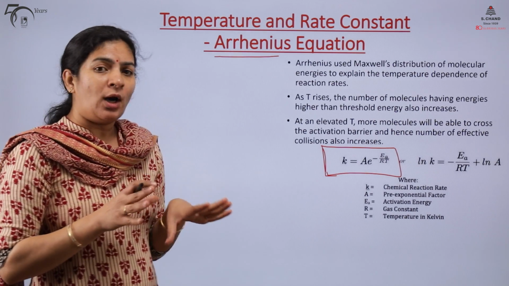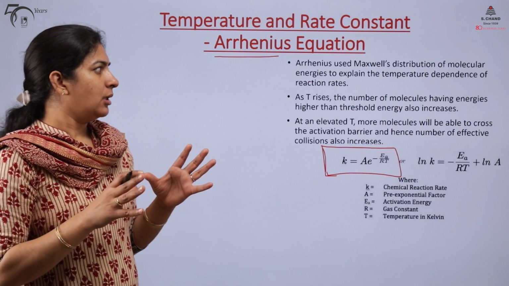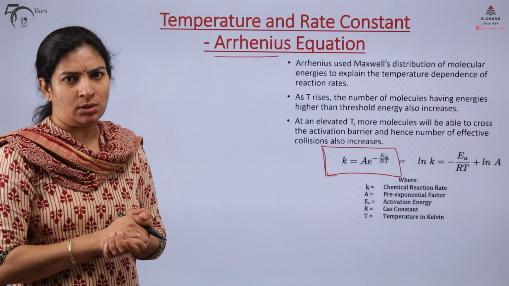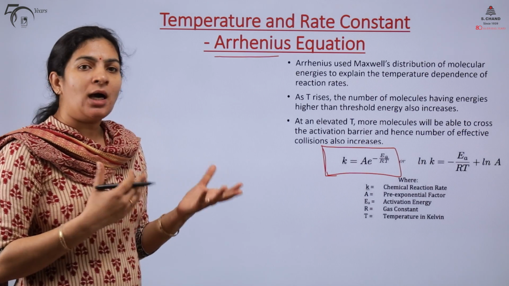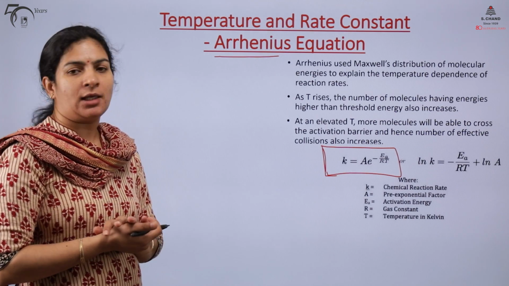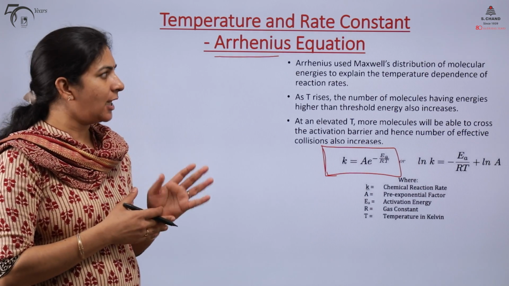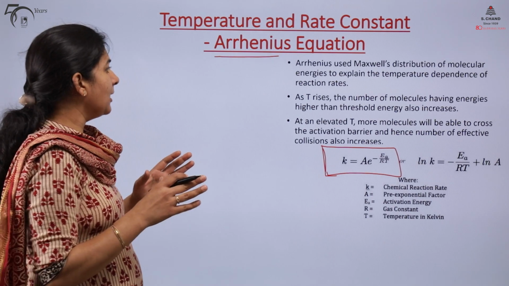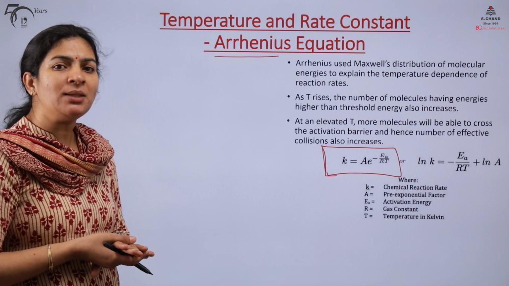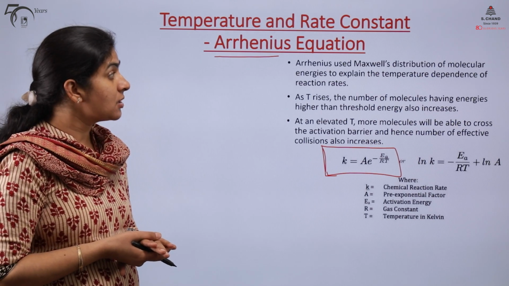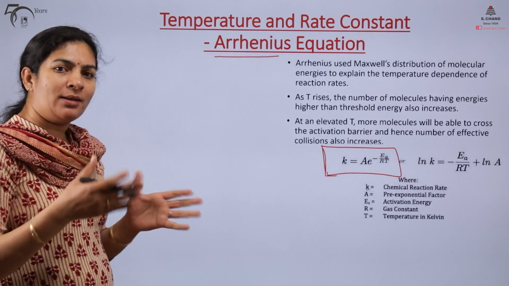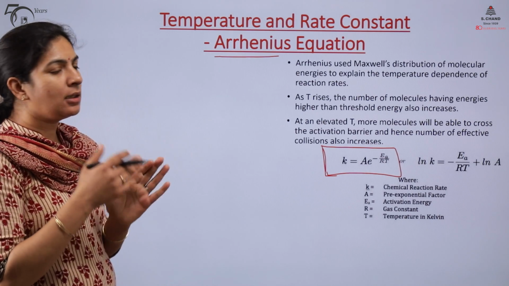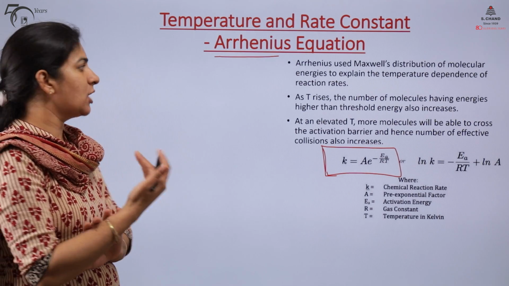He said that at an elevated temperature, molecules are moving with higher kinetic energies. We have already seen that in the gaseous state also, that at high temperature molecules are moving with higher kinetic energies. Now when they are moving with higher kinetic energies, they are able to cross that threshold barrier.